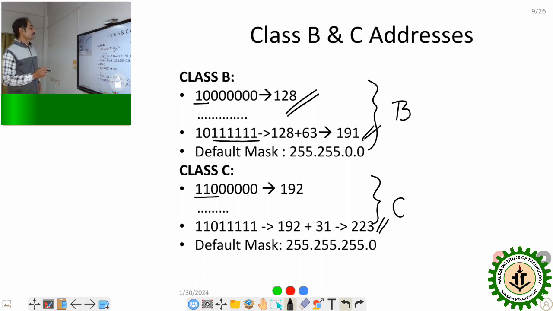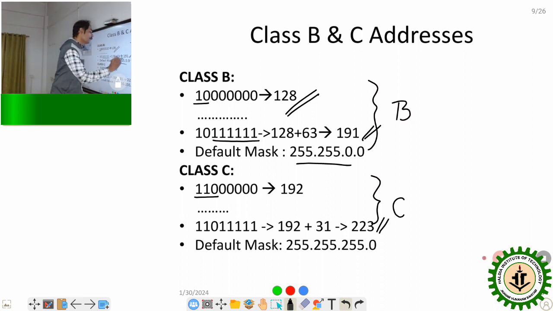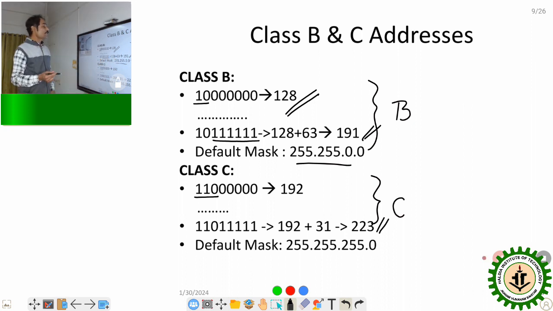Along with this, the default masks are also given, here for class B. We have already said that the first 2 bytes are responsible for the network ID, so the first 2 bytes are made 255.255, which is the default mask.